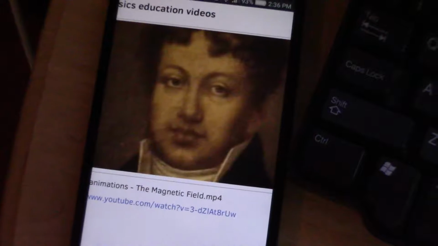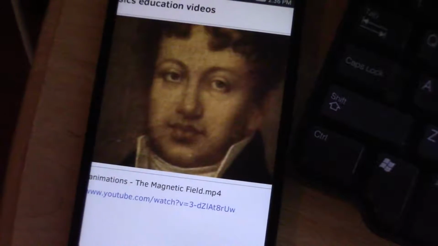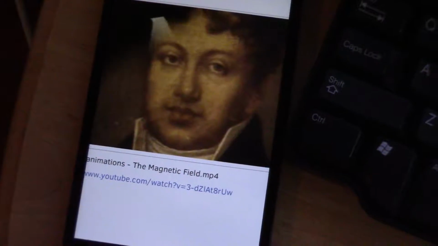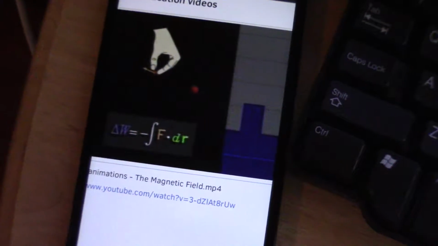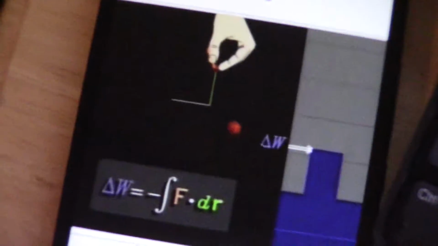The magnetic field is both similar to and different from the electric field. In an electric field, no work is done if a charge is moved around any closed path and back to its starting point. A static electric field.